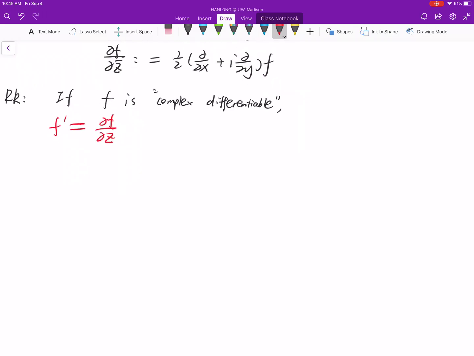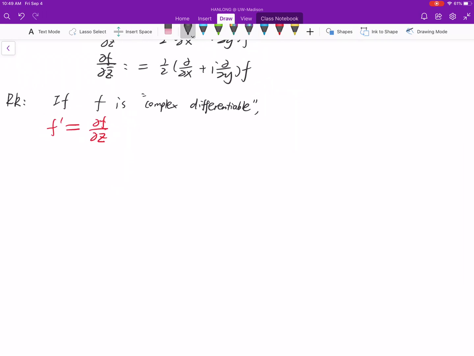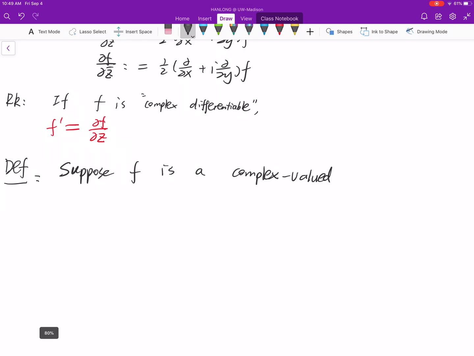Okay, now we introduce the main object studied in this course. Instead of complex differentiable, we call it a holomorphic function. Suppose f is a complex valued function, complex function.